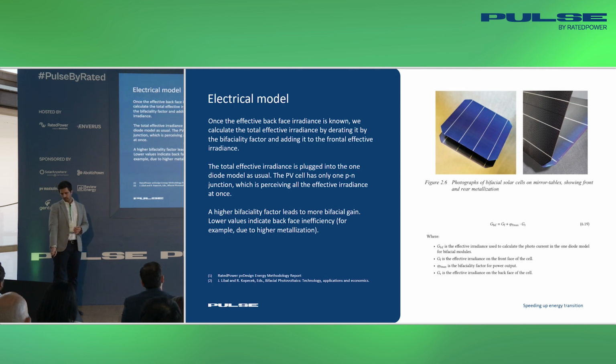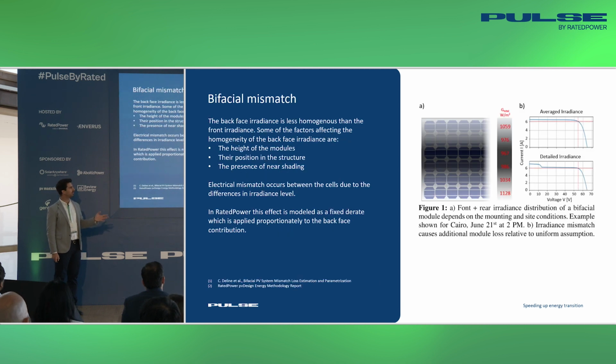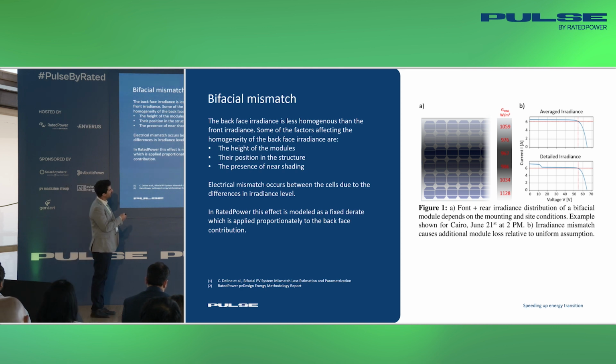So then we have effective irradiance, we have the electrical model, we have the production of the bifacial module in electrical power, right? There are some final losses that we need to consider. One of them is bifacial mismatch. As I said earlier, the backface irradiance is not very homogeneous.